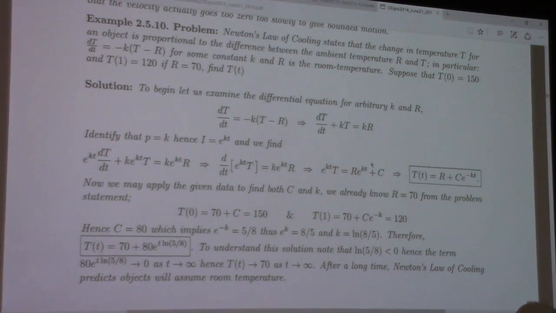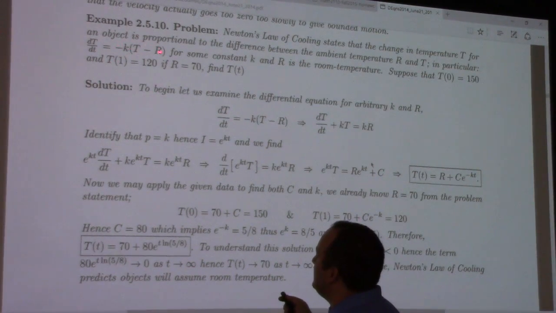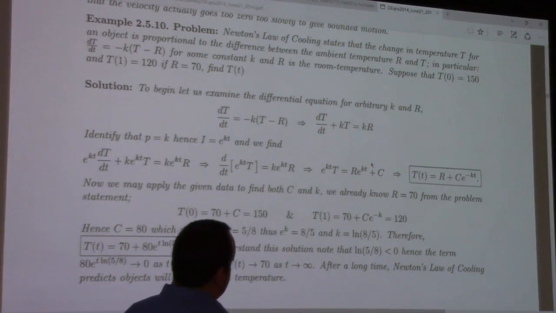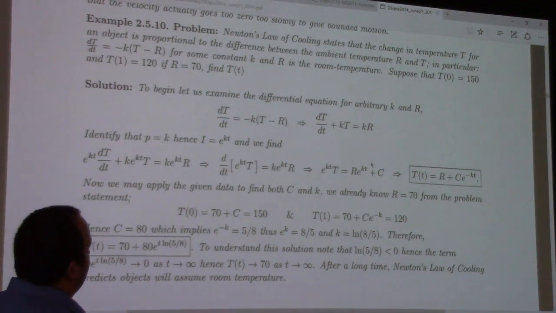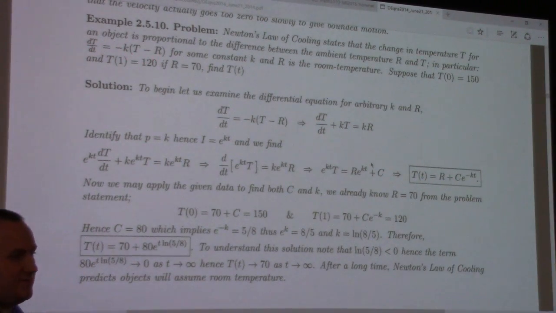So here's the fundamental equation: dT/dt is minus k times (T minus R). There are various labels you can put here, the k and the R or whatever. Here I've chosen k to be positive, and R is the room temperature. Newton's law of cooling is not really solving a specific differential equation when it's presented this way.